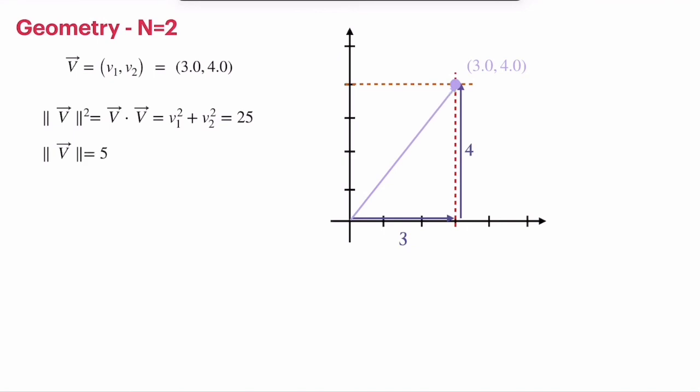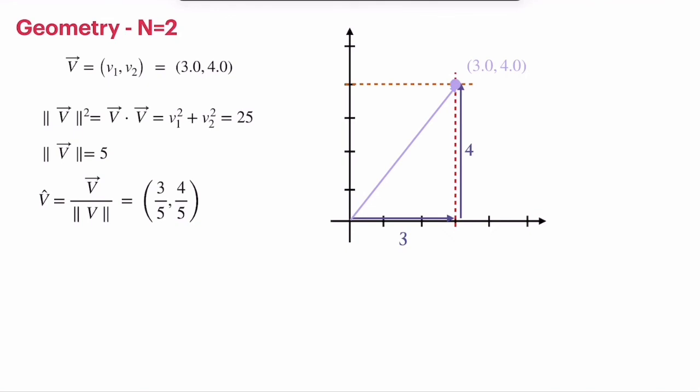This represents the diagonal, or the distance of this element from the origin. Of course, the direction, or the unit vector, is obtained by simply dividing the vector by its norm. In this case, it would have components of 3 by 5 and 4 by 5.